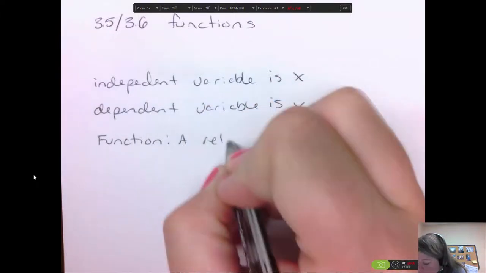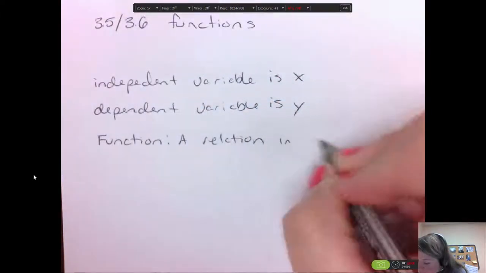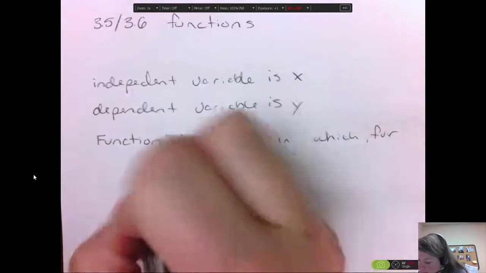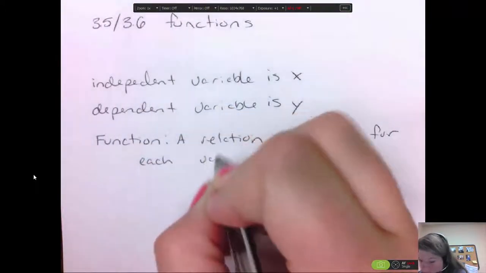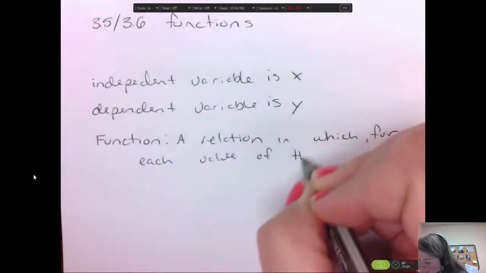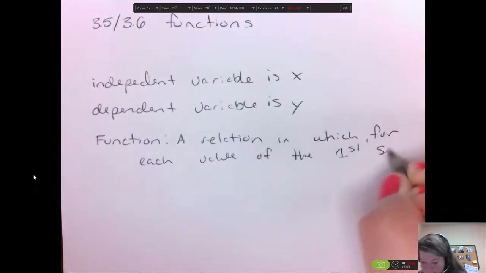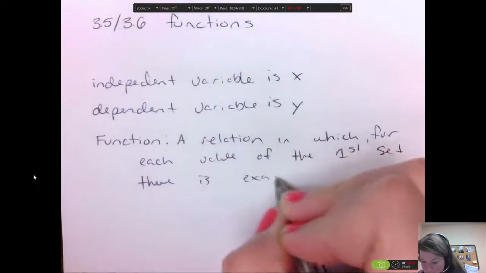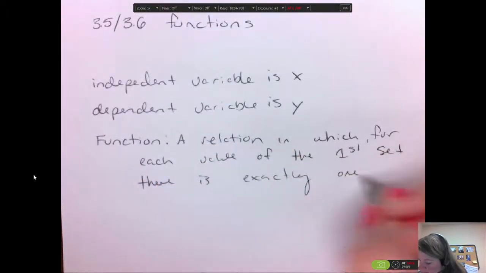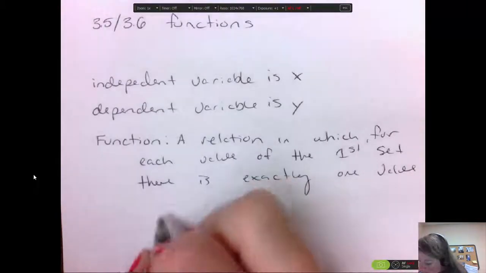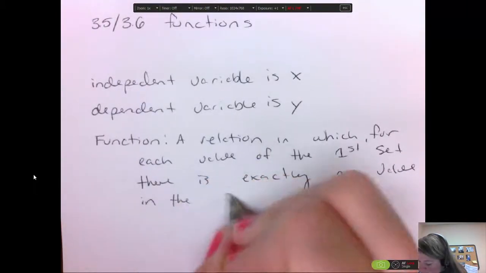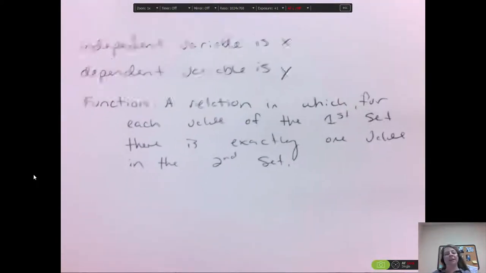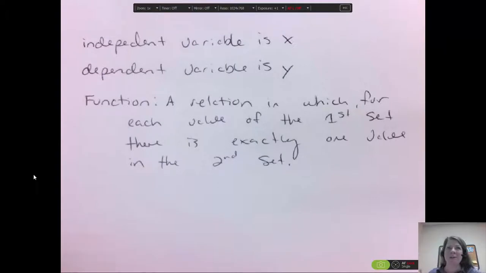A relation in which for each value of the first set, there is exactly one value in the second set. Alright, so we're relating set 1 to set 2 by doing something to it.